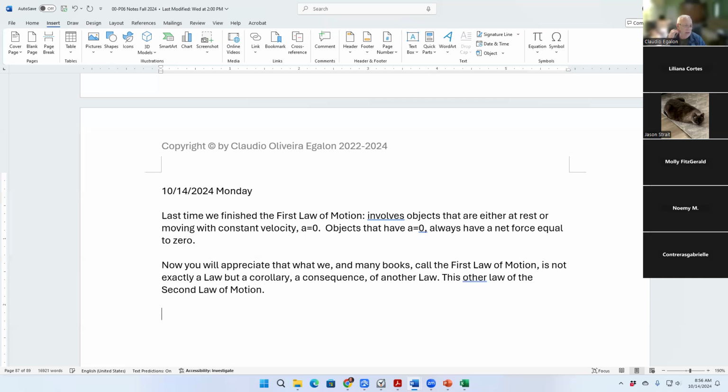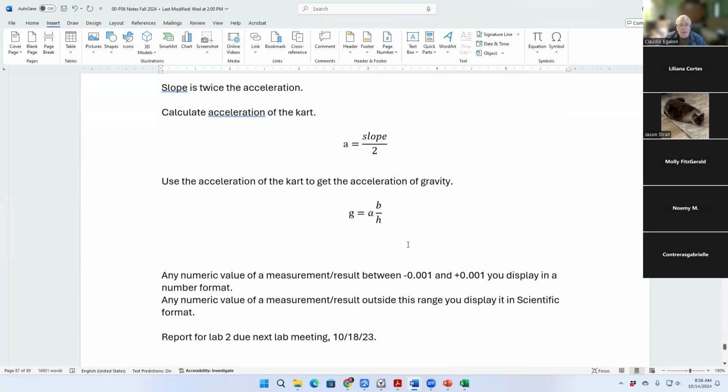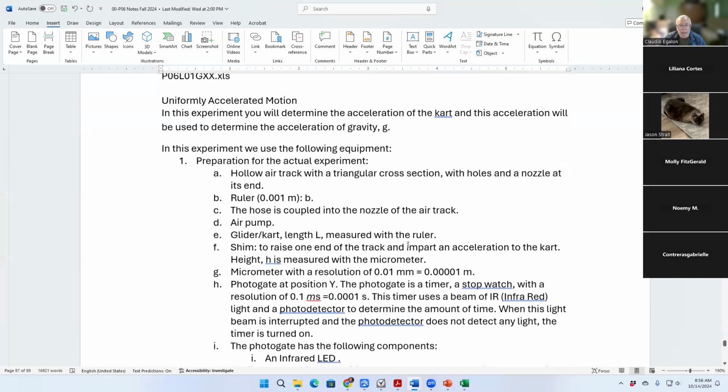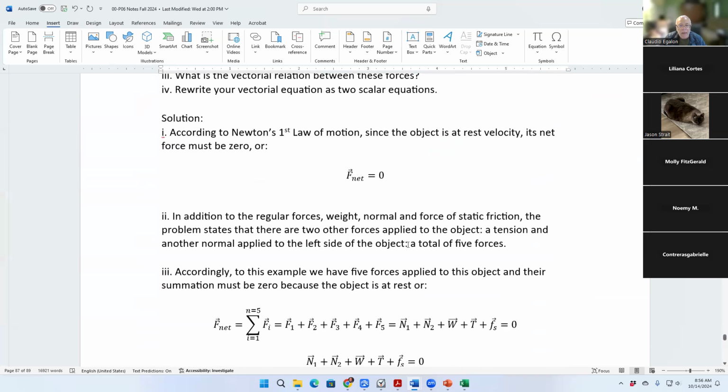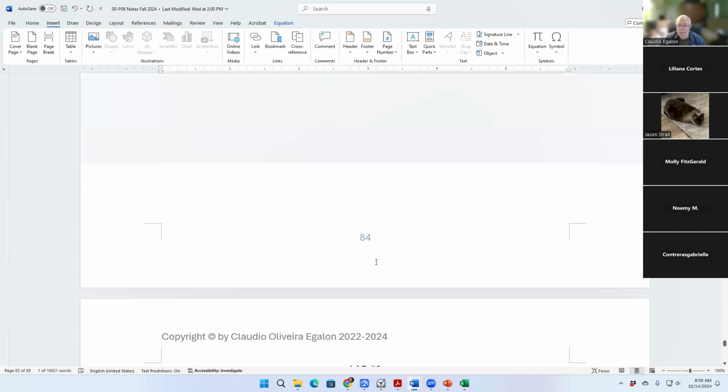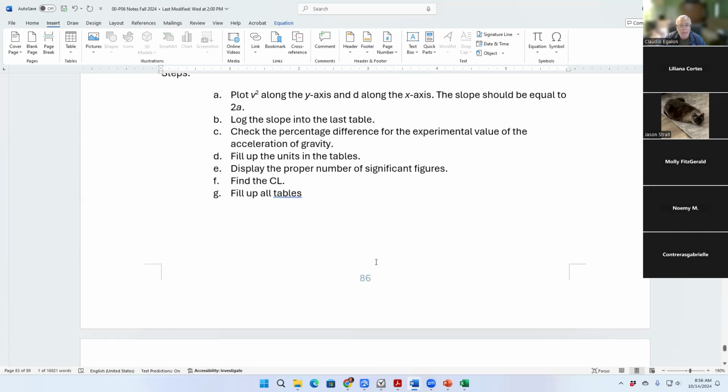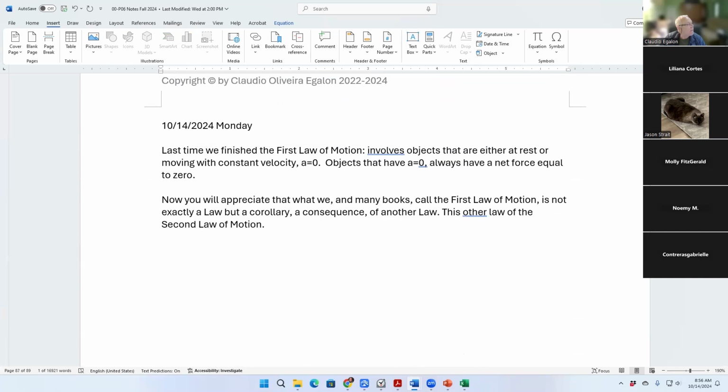Okay, and how is it stated? I'm just going to copy the first law of motion that I had here at the top. I'm going to need it, but I'm going to modify it a little bit.